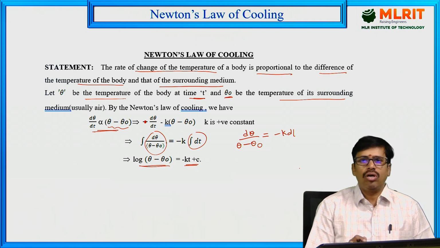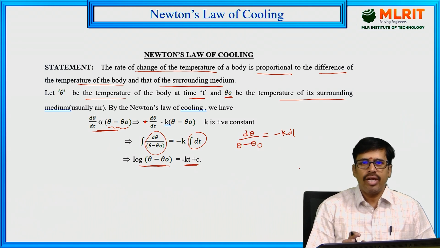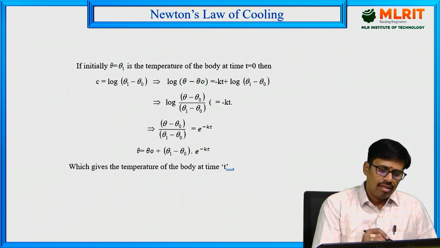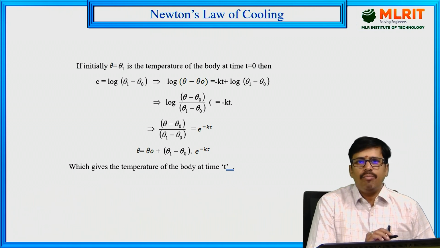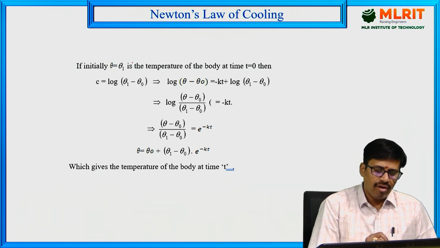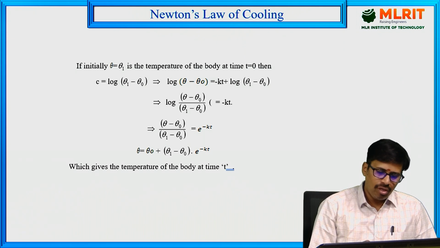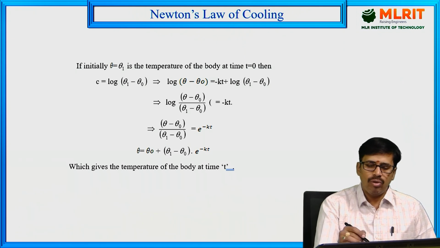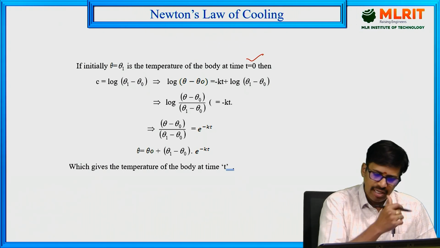From this I want the value of theta, that gives the temperature of the body at any time t, right? Initially, that means at the starting time, at t equal to 0, theta is theta 1. So if we substitute theta 1 in place of theta and t equal to 0, we get the c value.